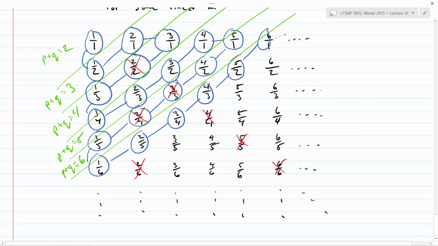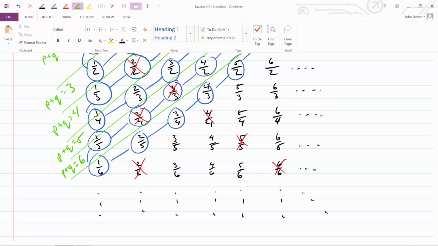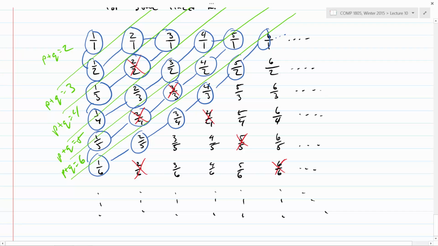And for each one of those, there are only finitely many rational numbers that have their numerator and denominator summing to that constant. Right? So there are only finitely many things in this diagonal, and in this diagonal, and in that diagonal, and so on. Everyone agrees with that? All right, so that means this is a listing of the rationals in order.